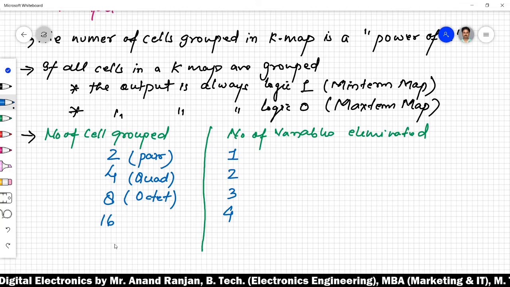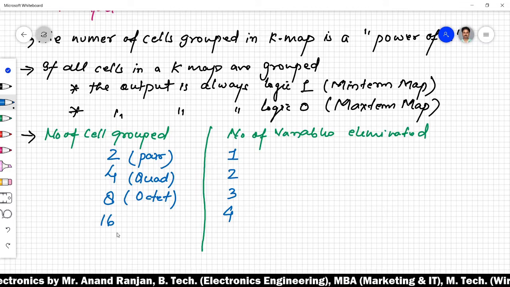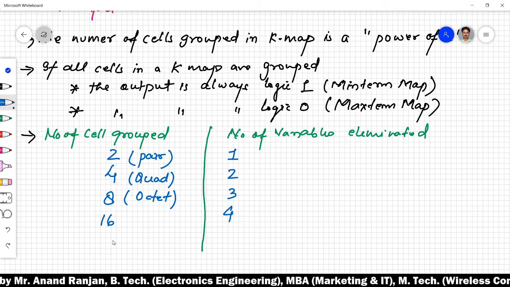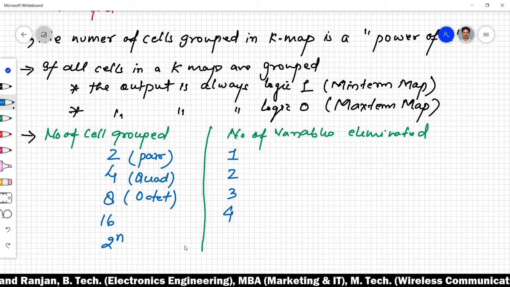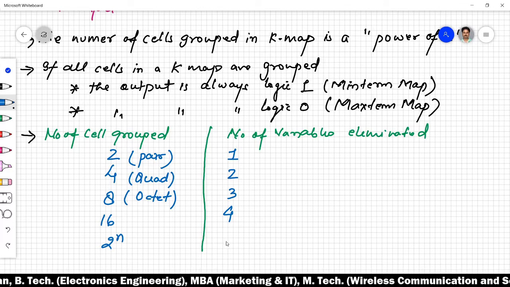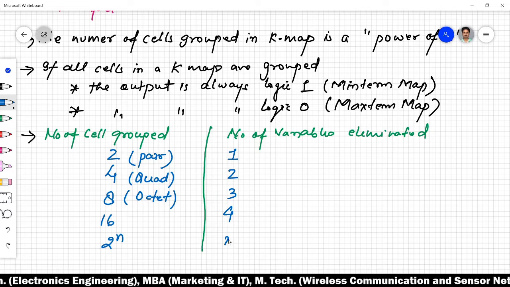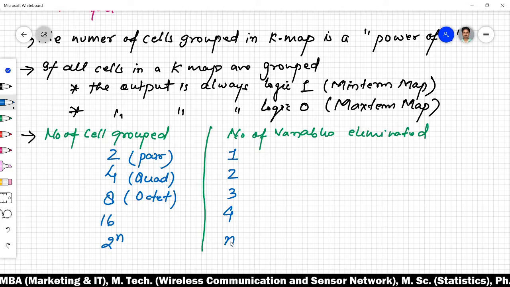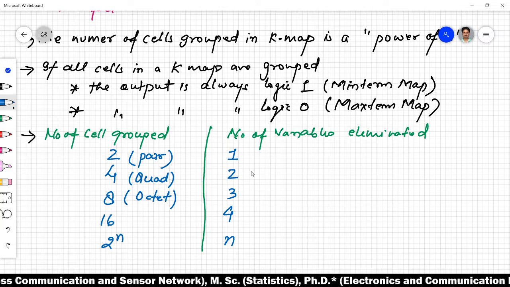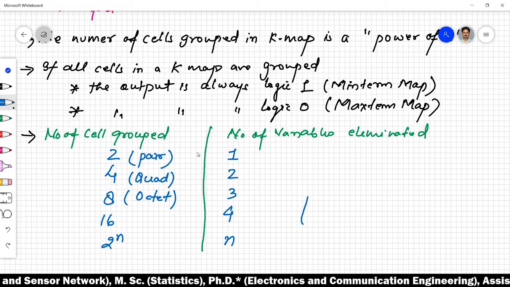And in general, if we are able to make a group of 2 raised to the power n adjacent cells, this will eliminate n variables from the boolean expression. This is a very general and important consideration you should keep in mind, and this gives the explanation why you actually use the Karnaugh map.